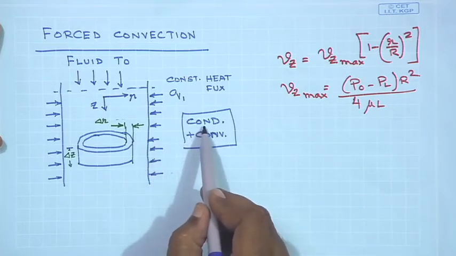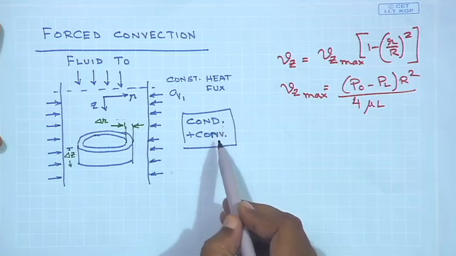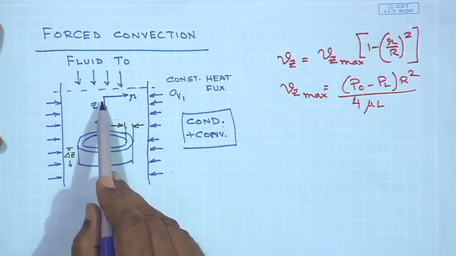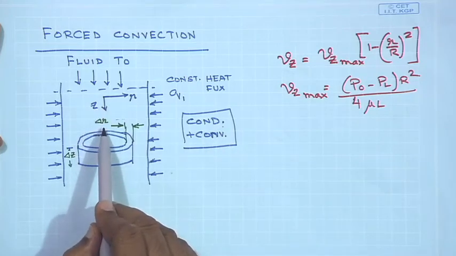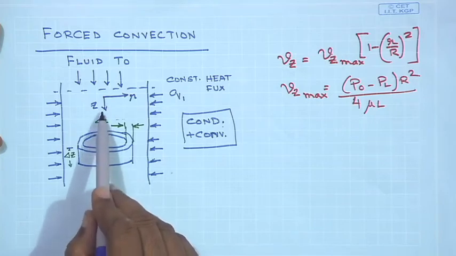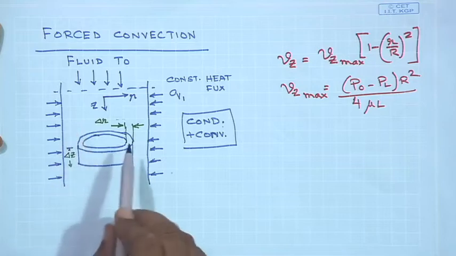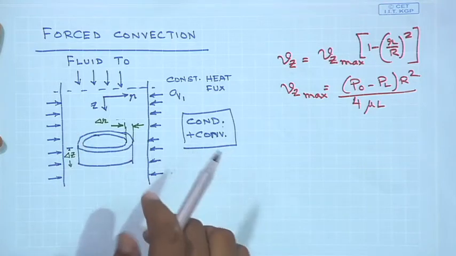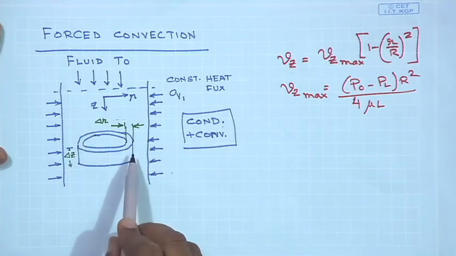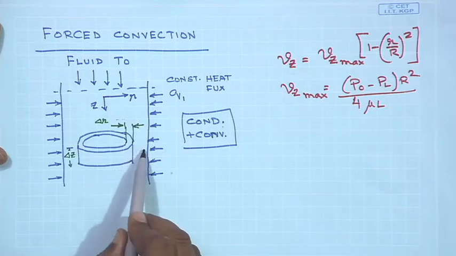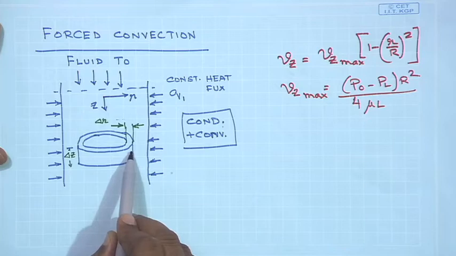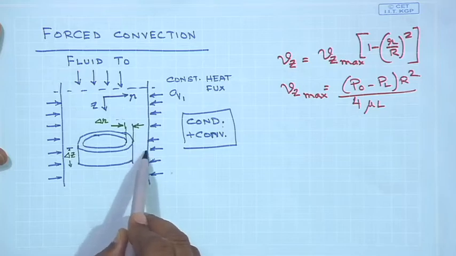So it's a problem of conduction and convection, especially if we consider the z direction, in which the temperature is changing and we have flow, so we will have both conduction and convection. Whereas since we are assuming that it's a 1D flow, there is no Vr component. If there is no Vr component of velocity for the flowing fluid, then there cannot be any convection in the r direction.